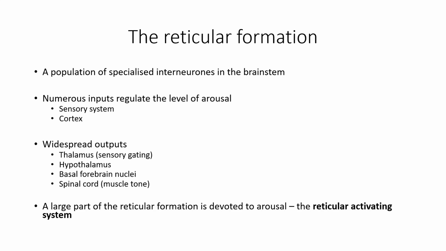Now, a lot of the reticular formation is devoted to arousal, and keeping us awake, and that is known as the reticular activating system. And the reticular activating system is composed largely of neurons that send projections up to the cortex to keep the cortex at a high level of activity.